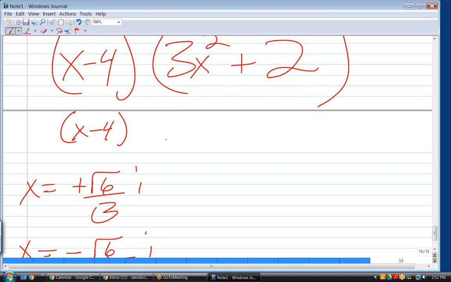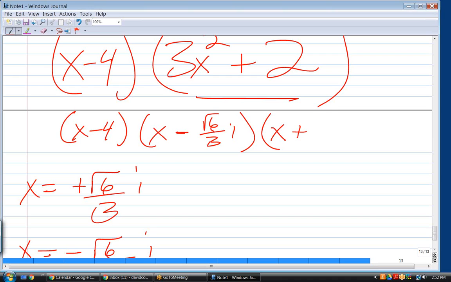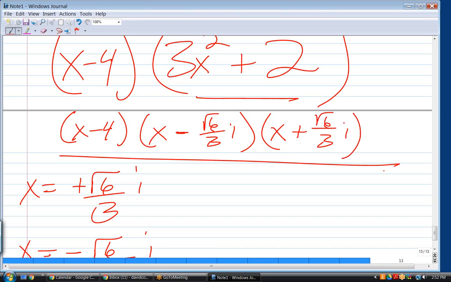But now I'm going to split that up into x minus root 6 over 3 i and x plus root 6 over 3 i. And there are your three factors of that cubic. Two imaginary, one real.